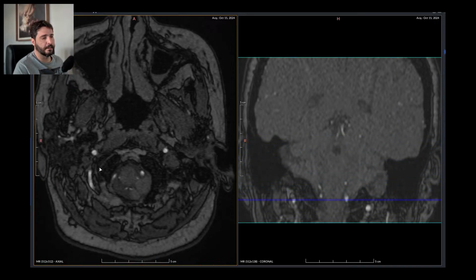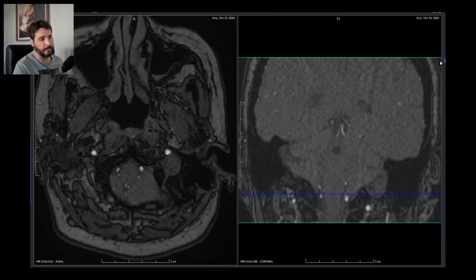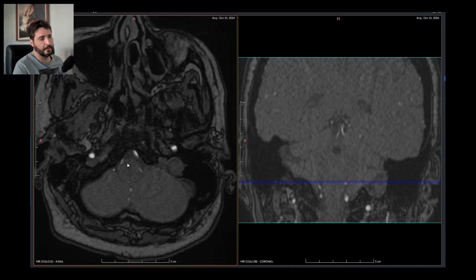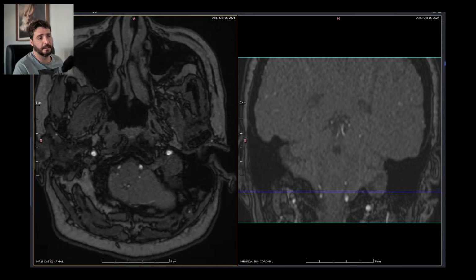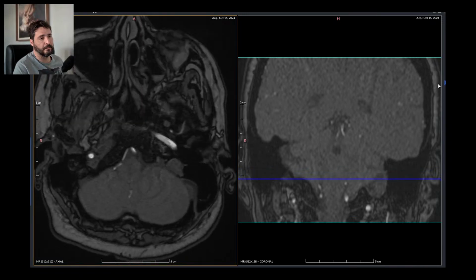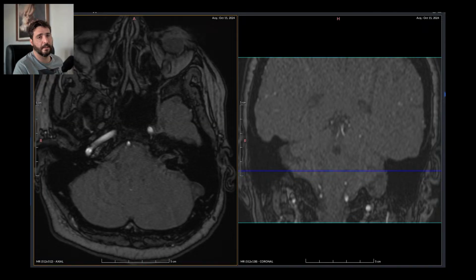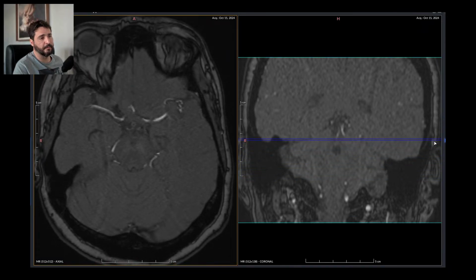So this is the V4 segments of the vertebral arteries. It's clearly a left dominant setting and it goes all the way to the basilar artery right there, goes up and bifurcates.